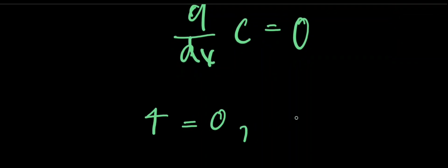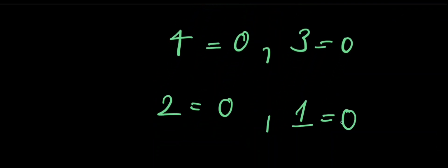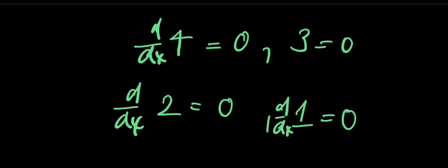So the derivative of 4 equals 0, of 3 is 0, of 2 is 0, and even of 1 is 0. Now suppose we have a slope. I had taken the wrong example there, it's my bad.